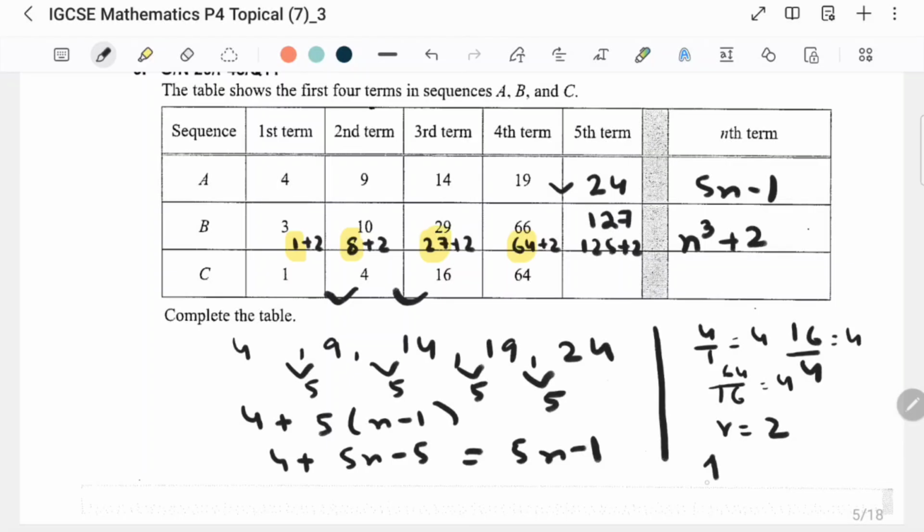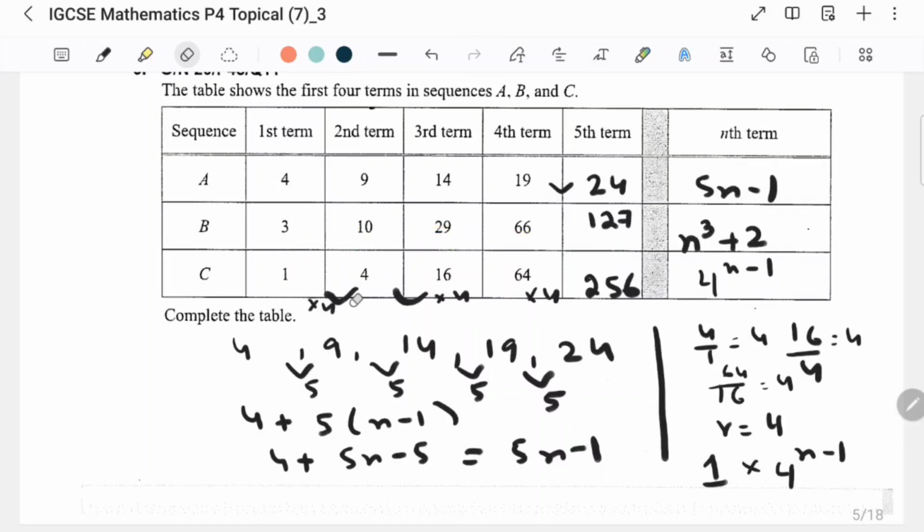The first term is 1, r is 4, so that is 4 to the n minus 1. You just multiply by 4 to get the next number, and it equals 256. So that is your complete table.